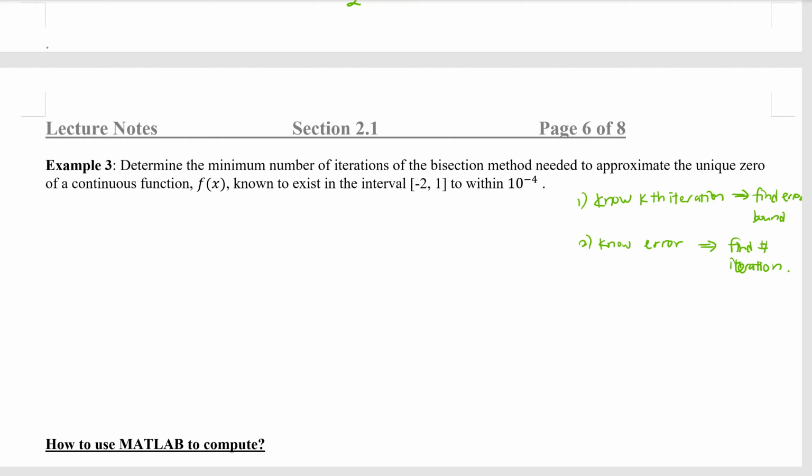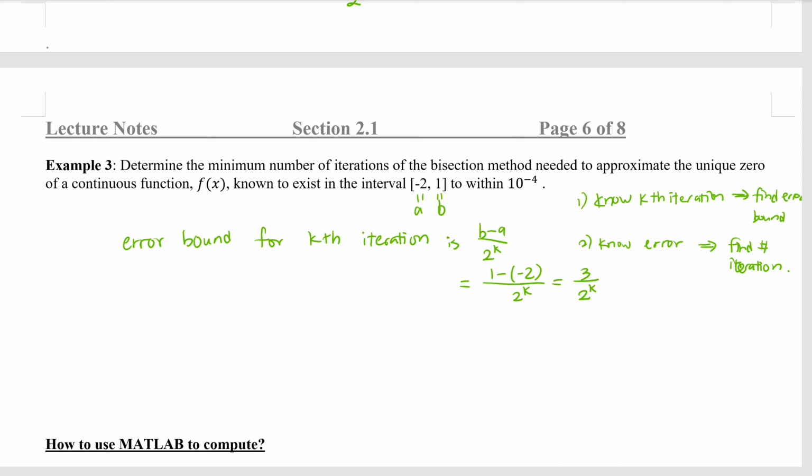Here a is -2, b is 1. So the error bound for the kth iteration is (b minus a) over 2 to the k, which is 3 over 2 to the k.